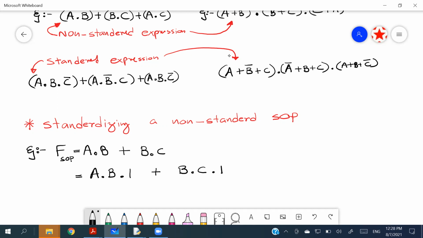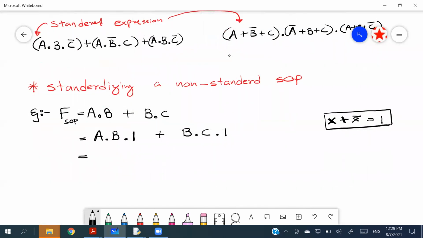Now in Boolean laws, you know x plus x bar equals 1, right? We know this theory now. So what we are doing is we represent this 1 in the form of x plus x bar, using the missing variable.